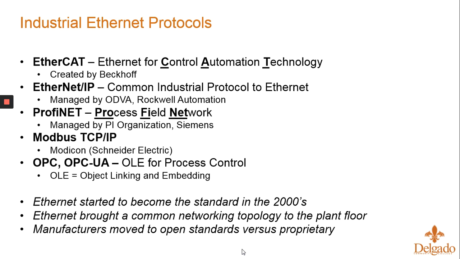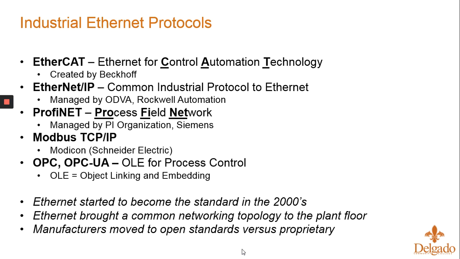Modbus TCP, so our good pal Modbus from the serial discussions does have a Modbus TCP version, and very much like the serial version, Modbus TCP/IP is a very universal protocol to connect a bunch of things together. And OPC and OPC UA, where OPC stands for OLE for Process Control. We're seeing that become more and more popular in the industrial space as well.